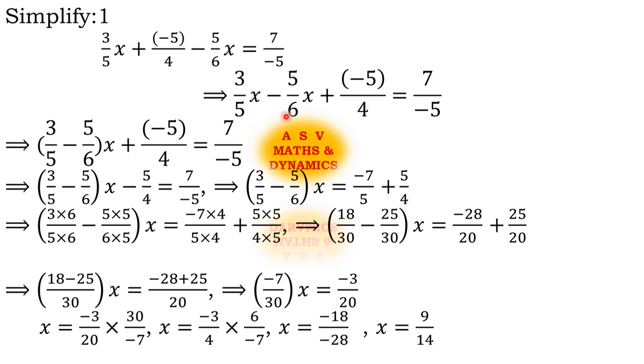You take the two numbers, find the LCM. After that, you multiply by some value the numerator and the denominator, and for the other number also. If you multiply the numerator and denominator, you will get the same denominator. So here, only two numbers: I multiply 6 with the 3, and 5 with the 5.